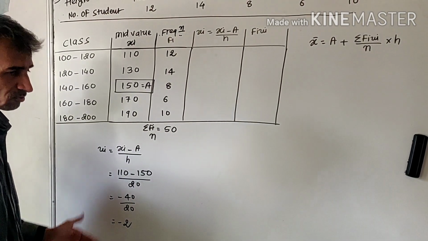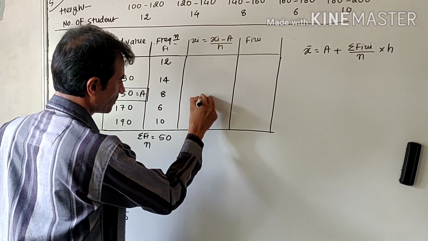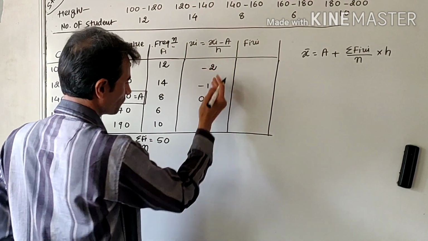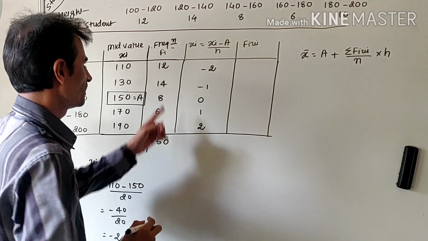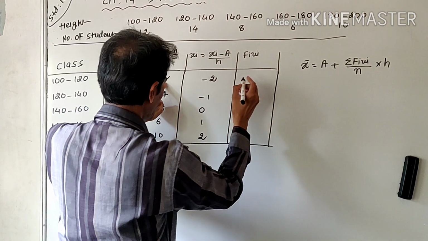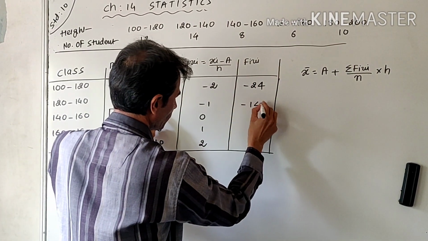But now I don't want to go for the simplification. Here for 150, a, you can directly write 0, and upper side minus 1, minus 2, and downside here 1 and 2, you can directly put. Okay, here I want to go for the multiplication fi into ui. 12 2s are 24, but this is minus 24. 14 1s are 14.